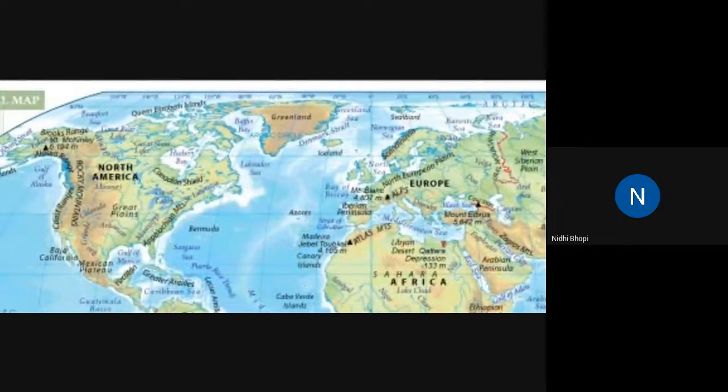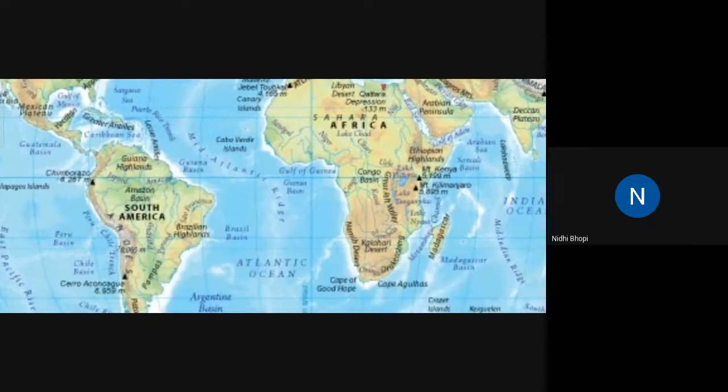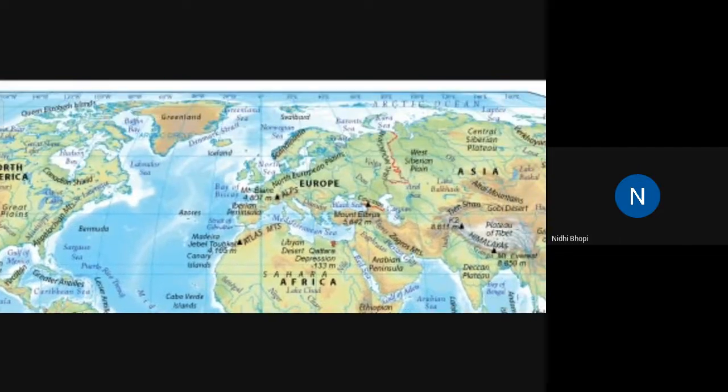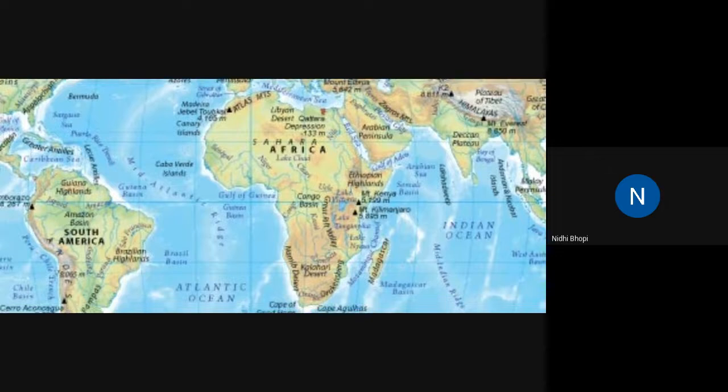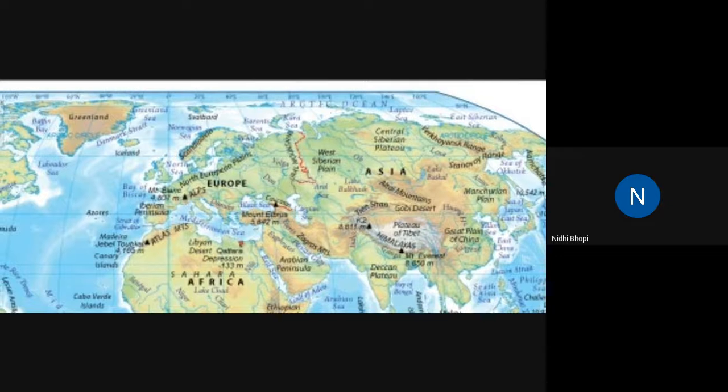See Greenland. Then the Rocky Mountains in North America, we had the Andes in South America, the Himalayas in India, the Alps in Europe, isn't it?